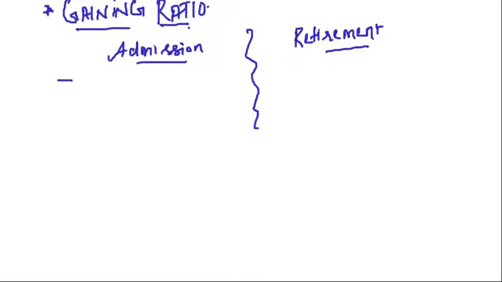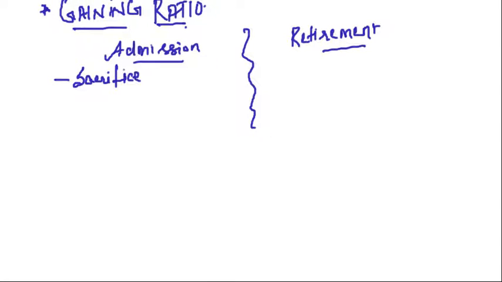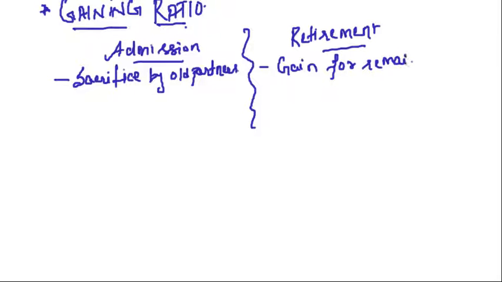So in admission, there is a sacrifice by the old partners. But in case of retirement, there is no sacrifice. For the remaining partners, it is a gain. Clear?